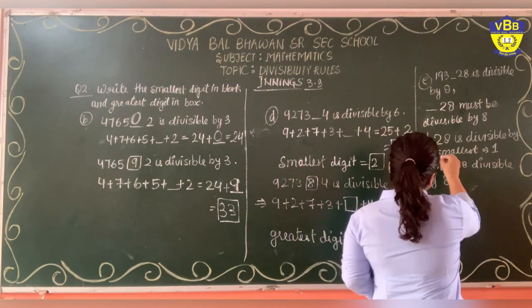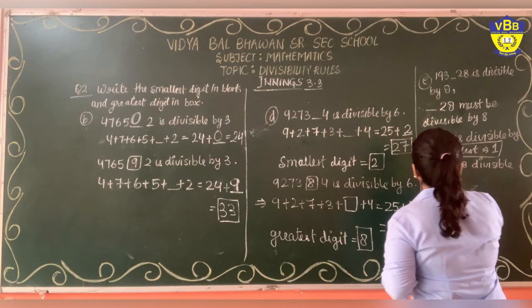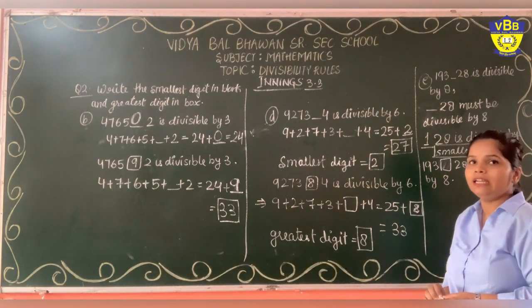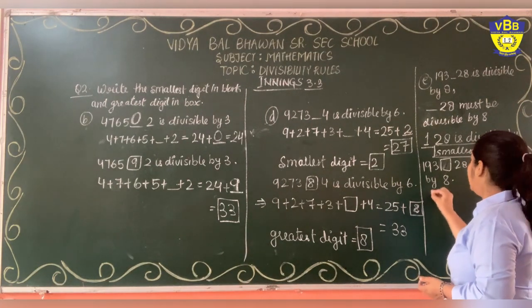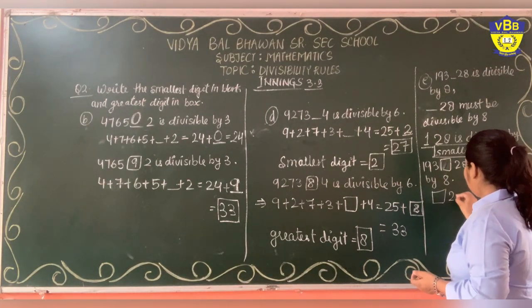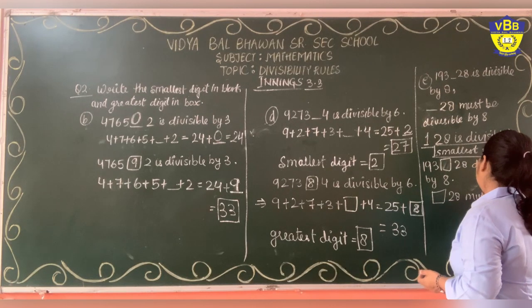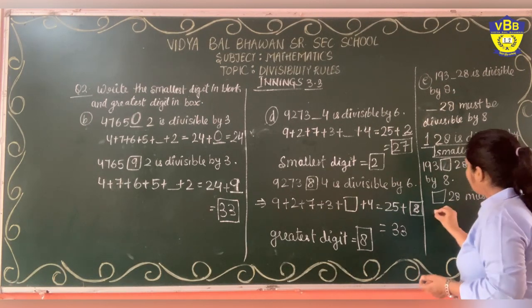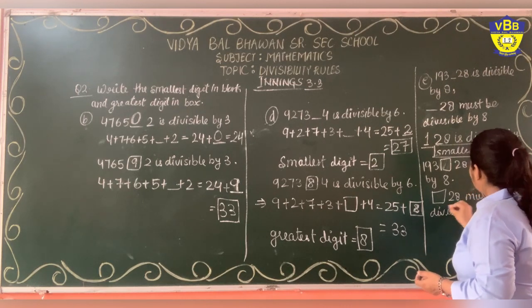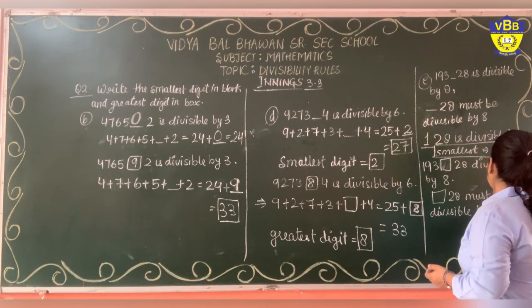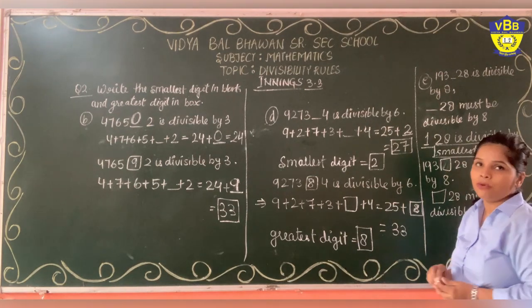Now next up, for the greatest number, we need to follow the same process. It's just that you have to write the greatest possible digit. So again, this number must be divisible by 8. The greatest single digit possible is 9.